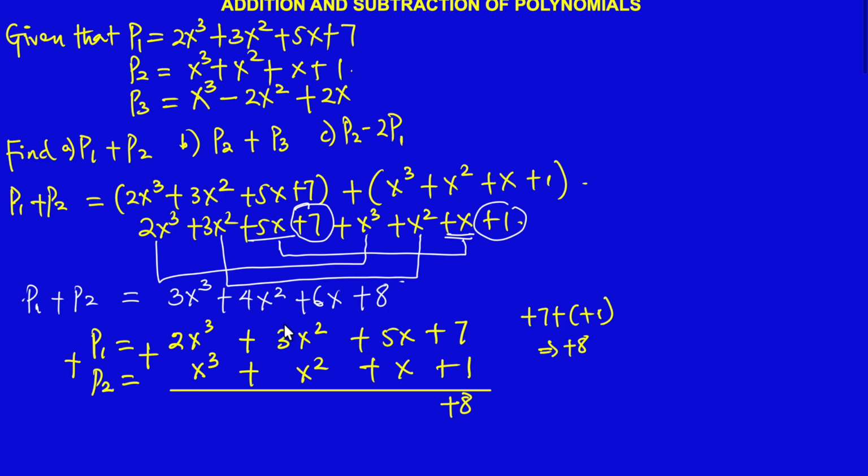We have the same thing playing out with 5x and x. So we have a plus 5x plus x. That's 6x. If you do that for the rest, you have plus 4x squared, and for this we have 3x cubed.